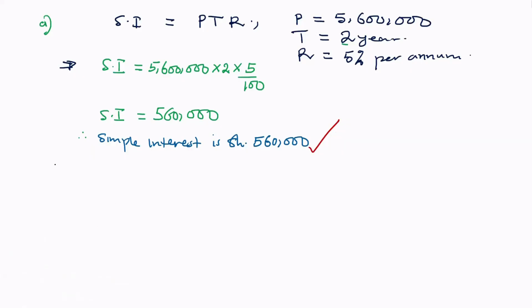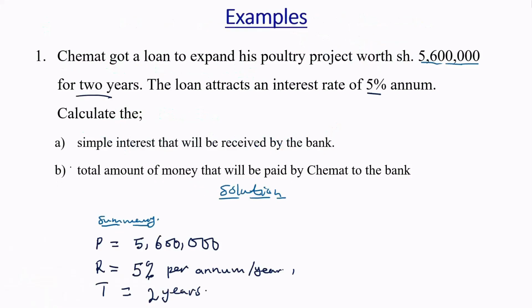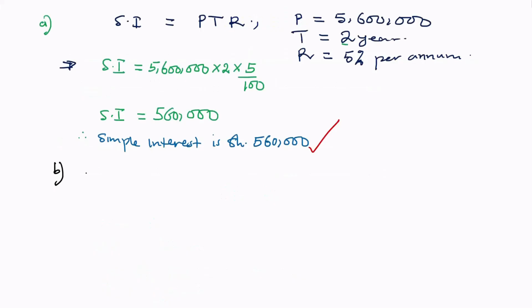We can now proceed to part B of our question, which requires us to calculate the total amount of money that will be paid by Kemati to the bank. So we are going to apply the formula that amount simply equals the principal P plus our interest we have got.